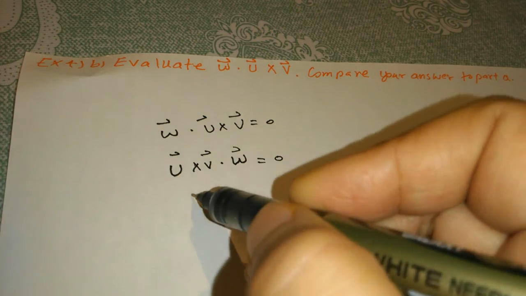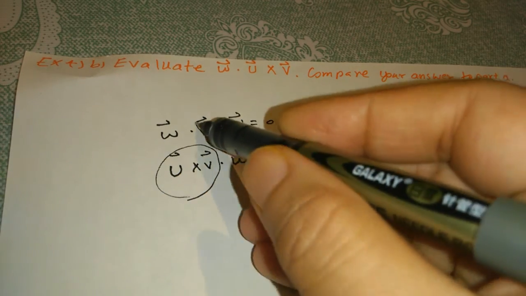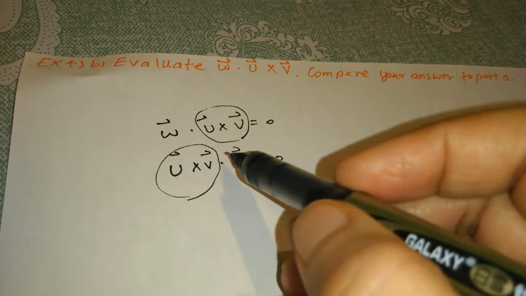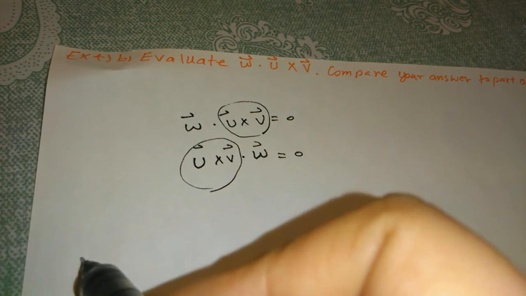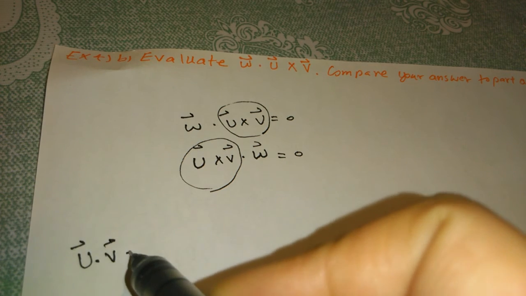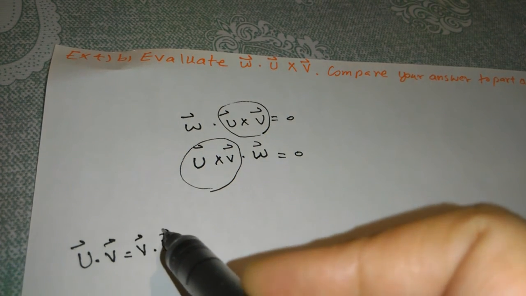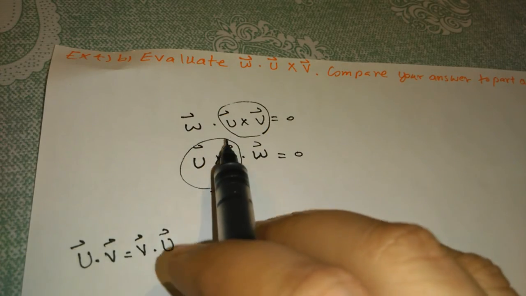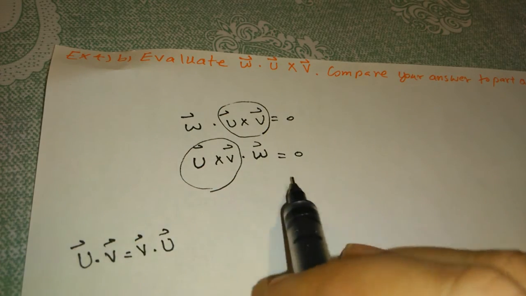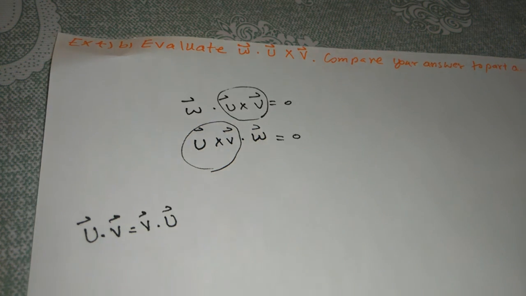So this makes sense, right? This thing is dotted with W. It doesn't matter which way I put the dot. Do you remember that? U dot V is the same as V dot U. It doesn't matter which way you do it. The whole thing is a vector dotted with W, so of course the result should be the same.